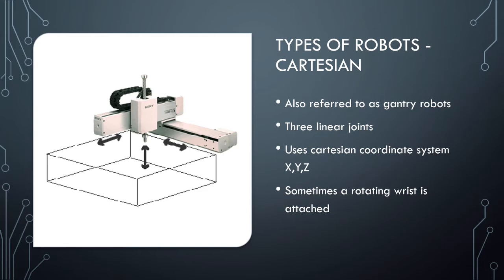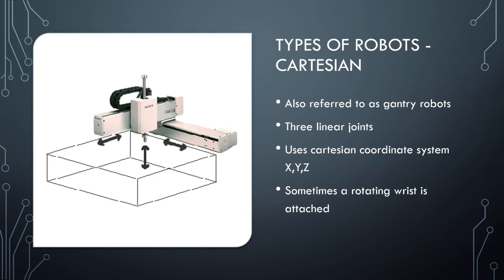They're called Cartesian robots most of the time because they're using the Cartesian coordinate system. A lot of you might be familiar with this, especially if you've gone through geometry or if you've done any sort of machining. There is an X, Y, and Z plane to these.